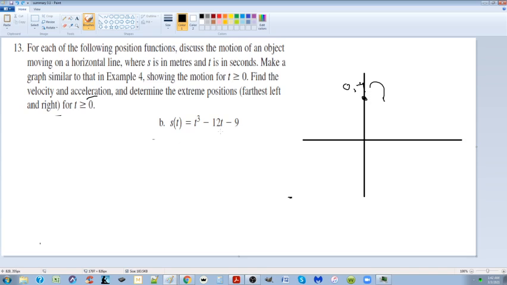But let's just use some logic here. If this is 1, we don't get rid of it. Same with minus 1, we don't get rid of it. If it's 2, we're going to get 8, minus 24, minus 9, we don't get rid of it. If it's minus 2, we get minus 8, plus 24, minus 9, we don't get rid of it.